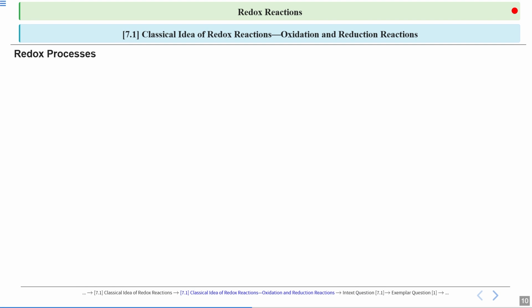Moving ahead, now let's understand what the redox processes or redox reactions are. As we have studied oxidation and reduction separately in detail, now we can directly come to the redox reaction.